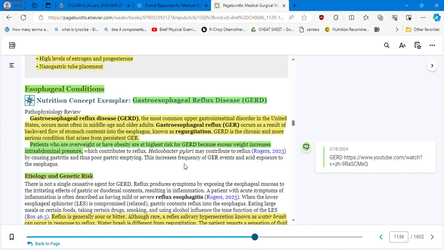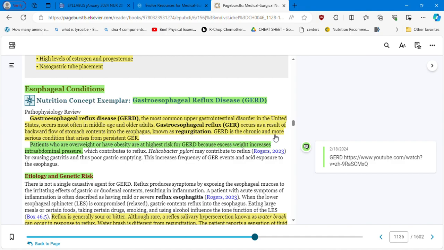So GERD is the most common upper gastrointestinal disorder in the United States, occurs most often in middle-aged and older adults. GERD occurs as a result of backward flow of stomach contents into the esophagus, known as regurgitation. So when you have a back flow of stomach contents, it's considered regurgitation.